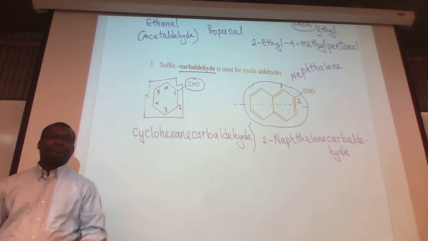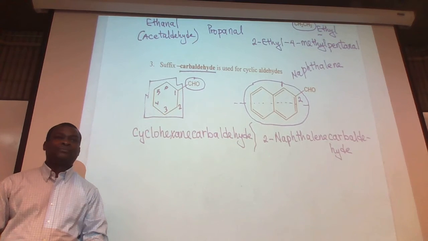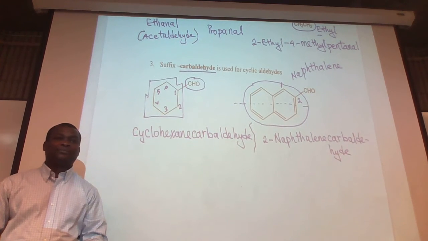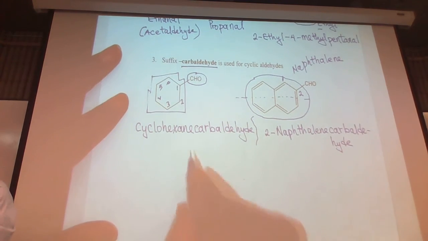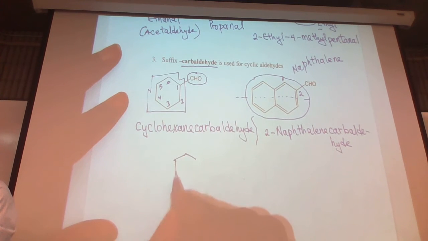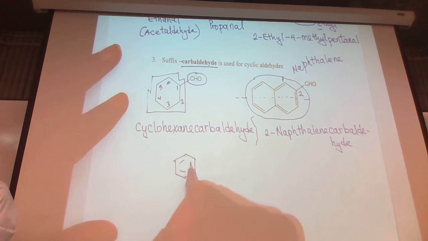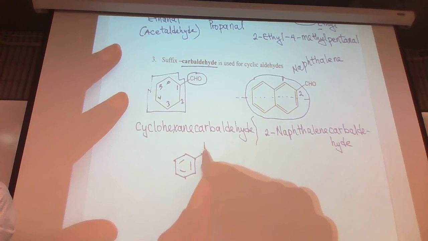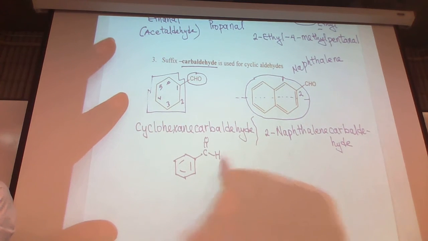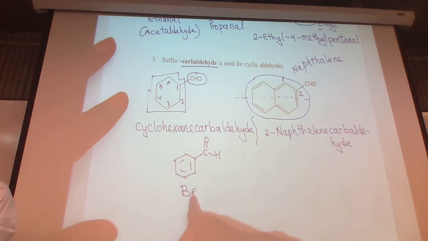So if you don't have a double ringed fusion, like if you just had say a benzene ring, then this is called benzaldehyde.